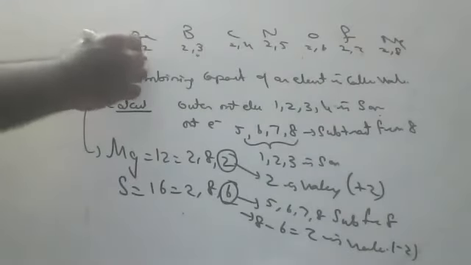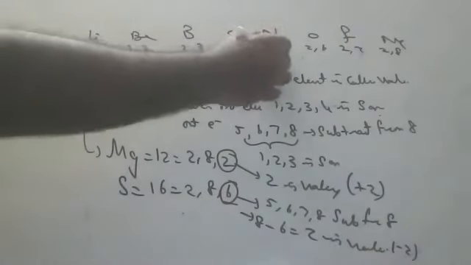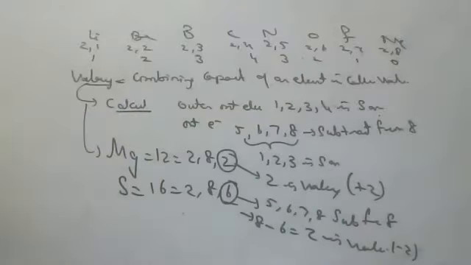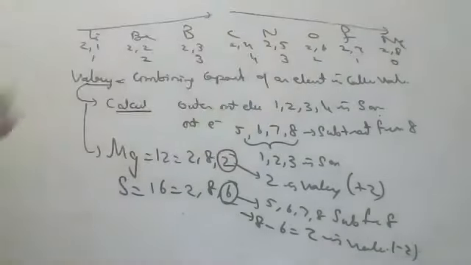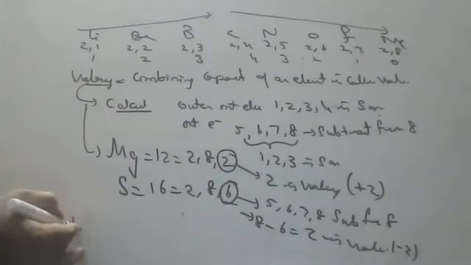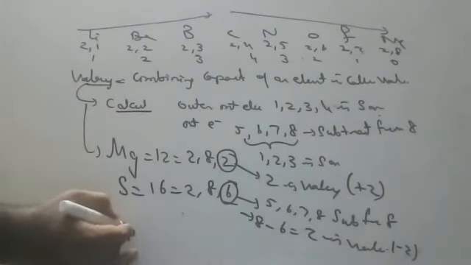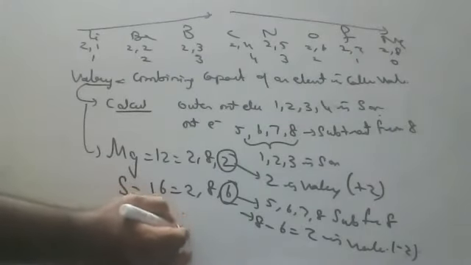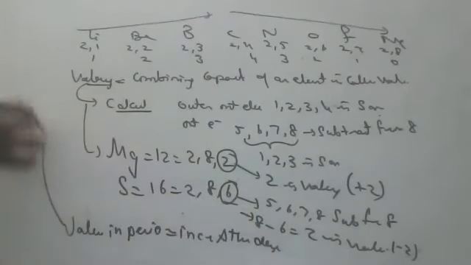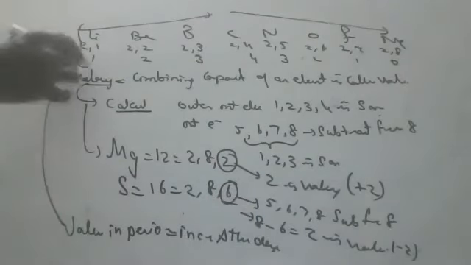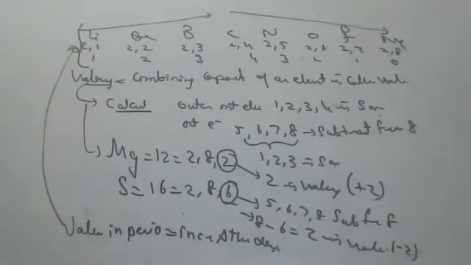The valency is 1, 2, 3, 4, then 3, 2, 1, 0. So valency increases and then decreases in a period. You should show this example. Directly saying increase, decrease, no one will accept. You should show this example.